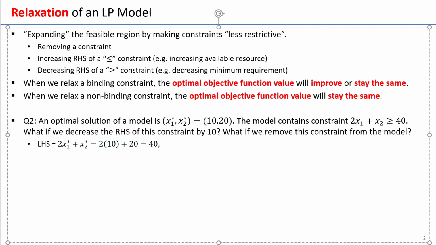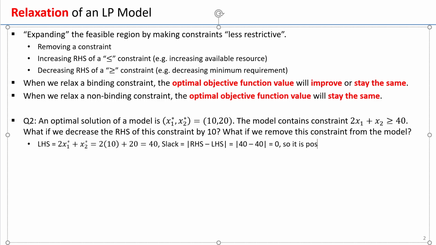You'll see that the slack, which is the absolute value of the right-hand side minus the left-hand side, equals what? The right-hand side is 40, and the left-hand side we just calculated is also 40, so it will be 0. So the slack is 0, so it is possible that this was a binding constraint.